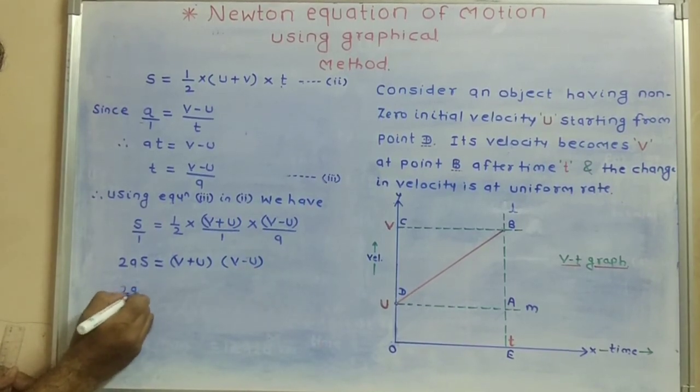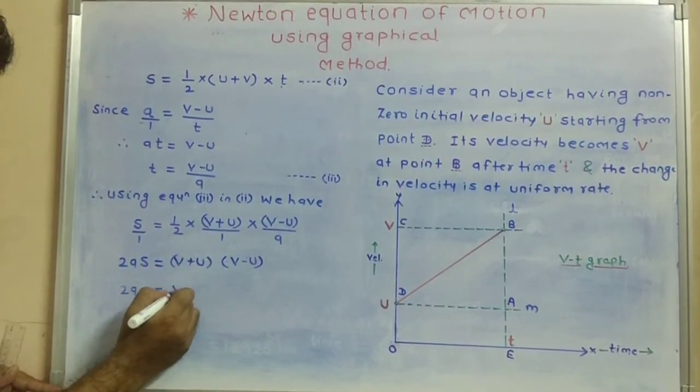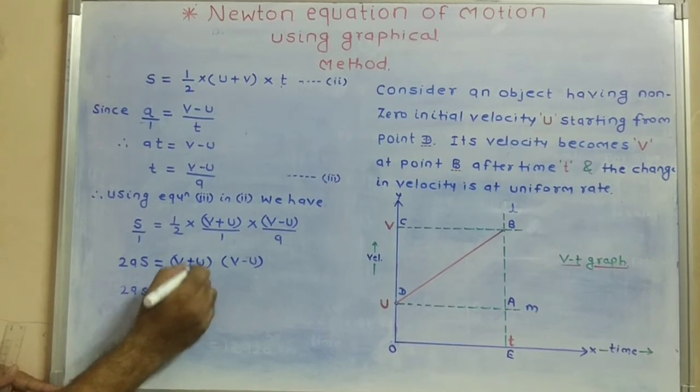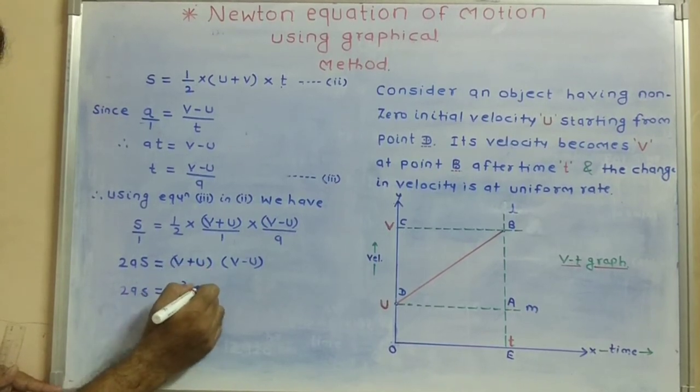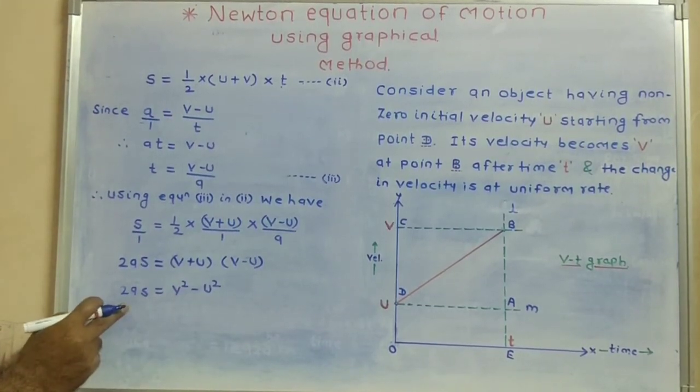Therefore, twice AS is equal to V square minus U square. Therefore, V square minus U square will be equal to twice AS.